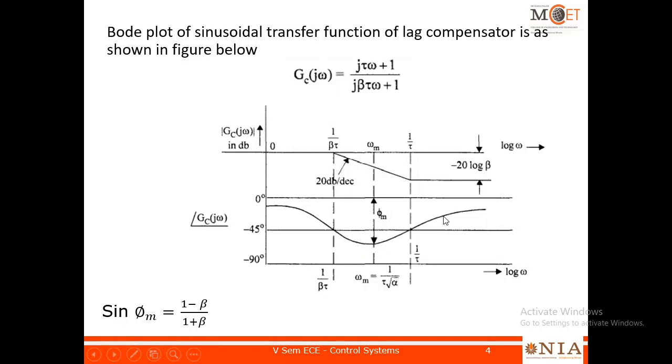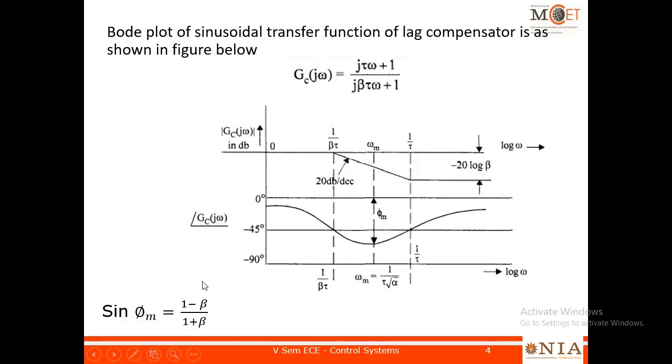The formula for computation of beta from phi m, or phi m from beta, is similar to the one that we have given in the previous video. That is, sin phi m is equal to 1 minus alpha divided by 1 plus alpha, isn't it? So here also, instead of alpha, it is beta. But the only thing is, beta is going to be greater than 1.